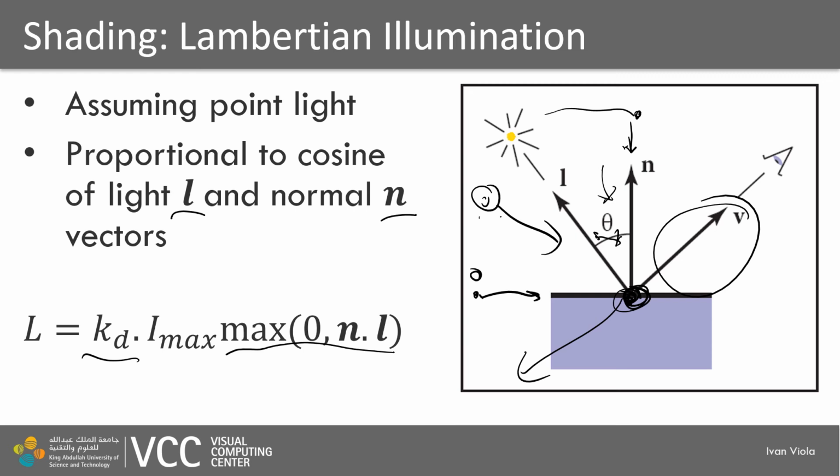So we can change the position of the eye point, the viewing direction, and the illumination will not change by this. And this is generally a valid approximation for matte surfaces, where even if we look at the object from different directions, there will be no change in the illumination at that particular point.